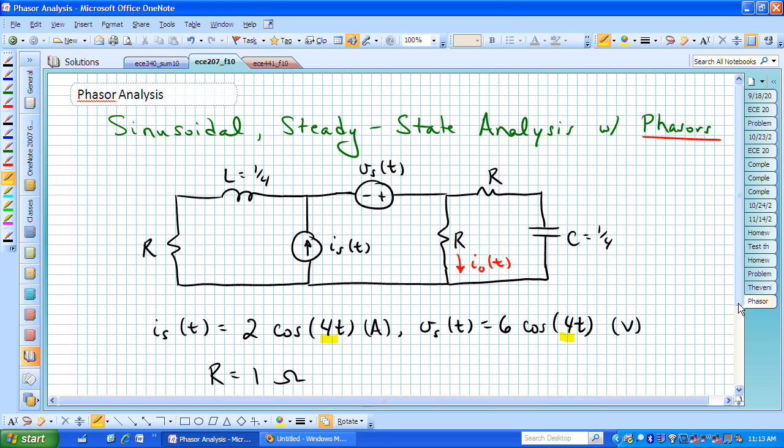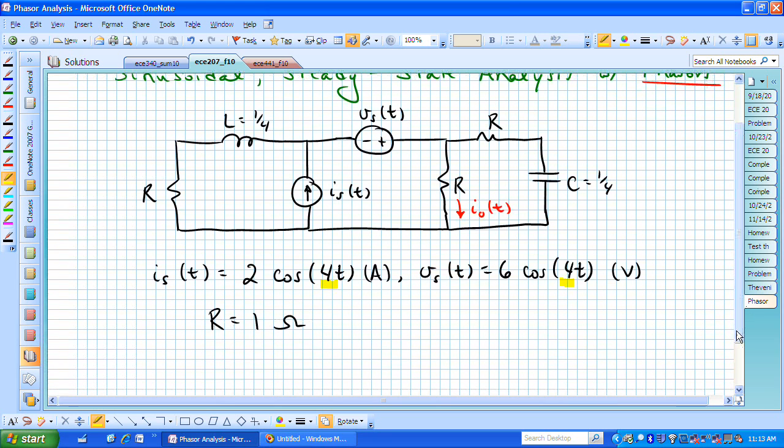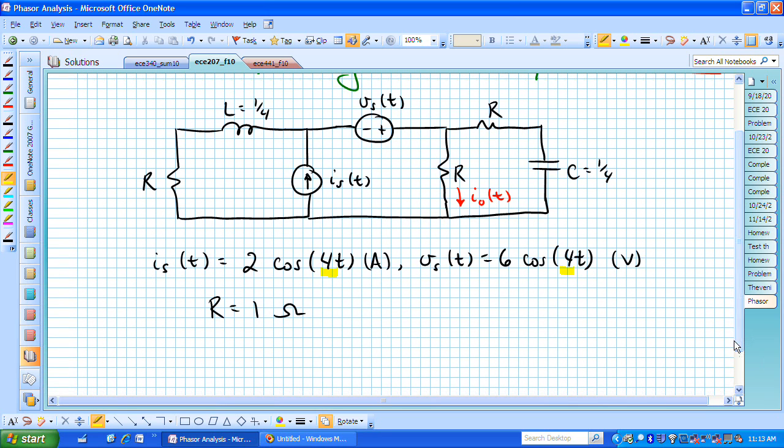In this particular case, let's make the following statement formally: notice I sub s of t and v sub s of t are at the same frequency.